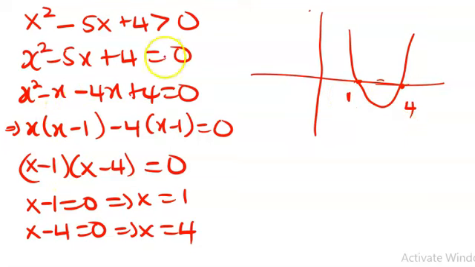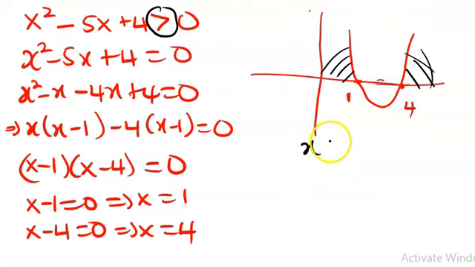Now for this quadratic inequality, where you have greater than, the solution will be somewhere here, because of the inequality sign. So your solution will then be x less than 1 or x greater than 4.